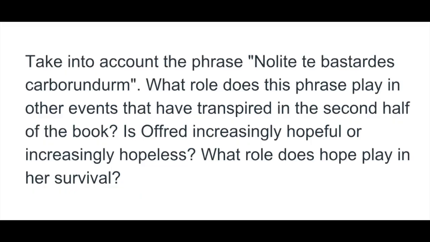The third one is to take into account the phrase "Nolite te bastardes carborundorum," and the shifting role it plays in the events that transpire in the book. If you think of the scene on the night of the ceremony when the whole household is in the sitting room, the Commander says that they're going to have a silent prayer, and Offred sends up "Nolite te bastardes carborundorum" as her prayer.